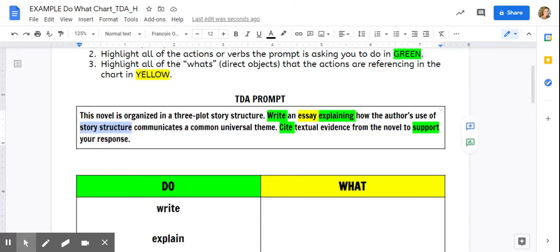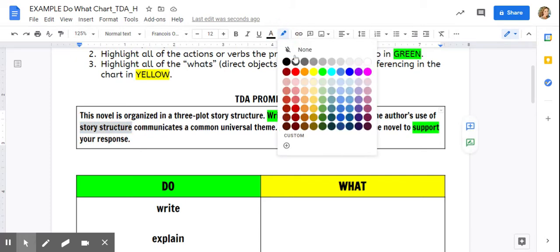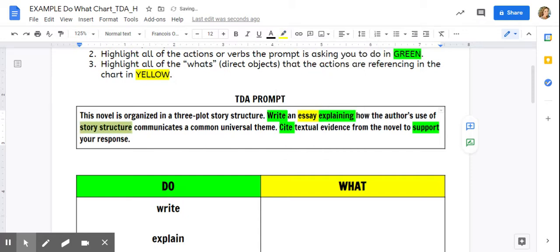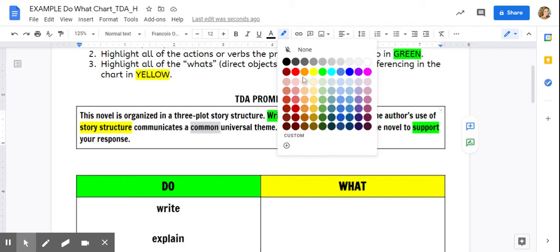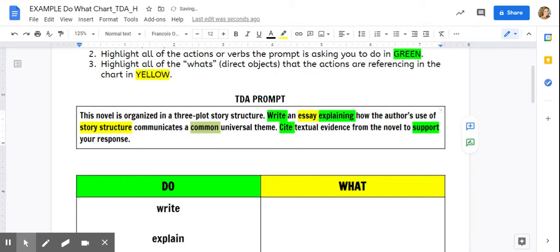So let's highlight story structure. That's what we're going to have to explain. And we're also going to have to explain that in terms of a common universal theme. So I'm going to highlight common just to keep it simple, theme. Okay. So those are the what's for our verb explaining.